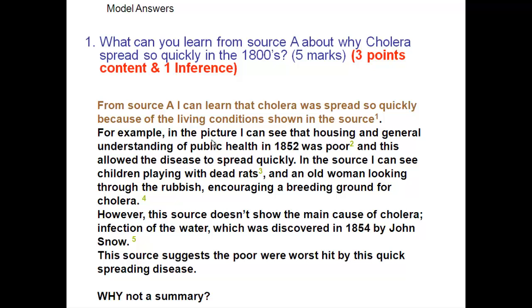Remember, you need a statement, supporting information, which is the black text in this, and if it's a 7, 8, 9, 10 mark question or higher, you need a short summary. In summary, this source suggests or this source shows, a quick summary restating what you've learnt, or restating how you've been able to answer the question.